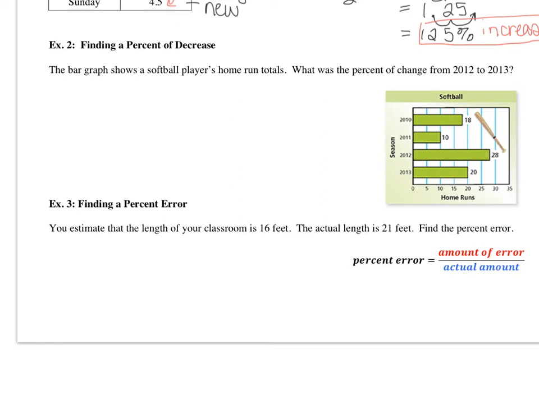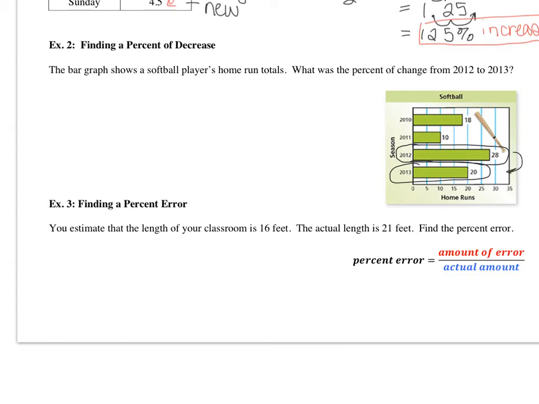Example 2 is asking us to find a percent decrease. The bar graph shows a softball player's home run totals. What was the percent of change from 2012 to 2013? Let's look at our bar graph. In 2012, there were 28 home runs. And in 2013, there were 20.